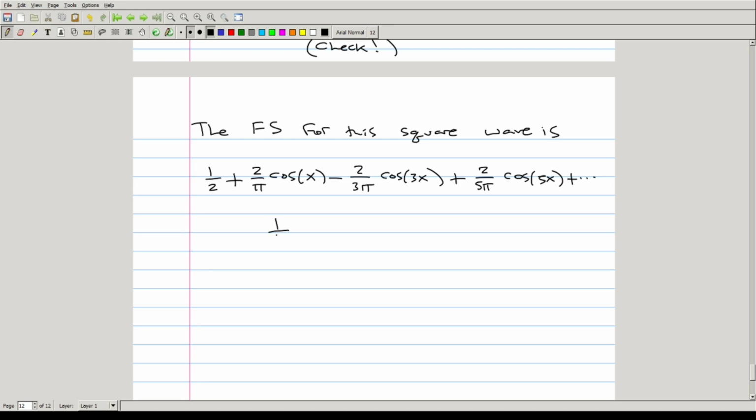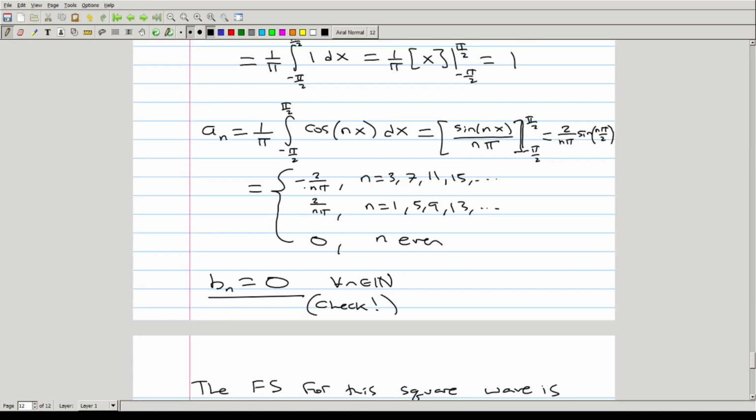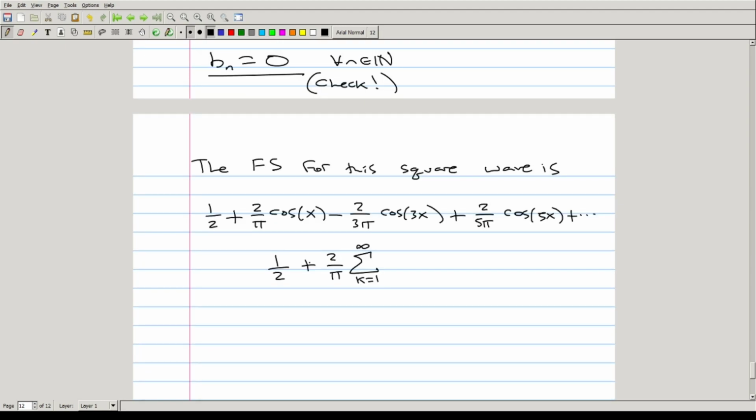So you can re-express this a little bit nicer as 1/2 plus 2 over pi times the summation from k equals 1 to infinity of 1 over n, oscillating between positive 1 and negative 1 for all odd values.